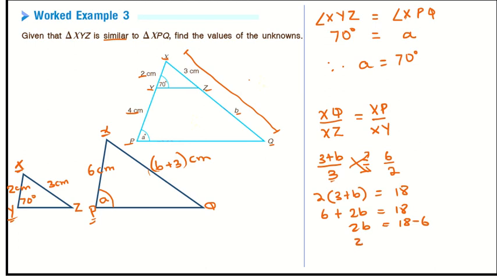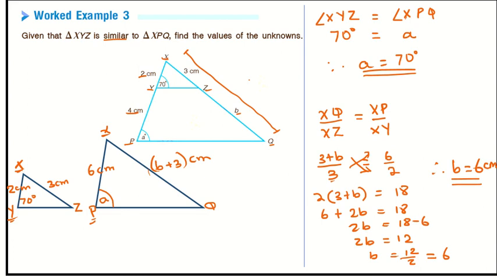So 2B equals 12. And B equals 12 divided by 2, which is equal to 6. So therefore B equals 6. So it implies that A is 70 degrees and B is 6 centimeters.